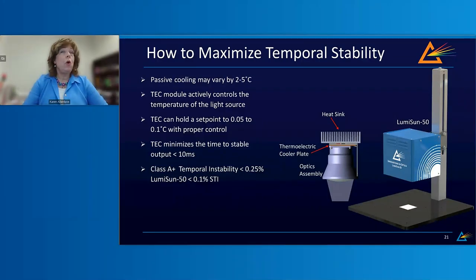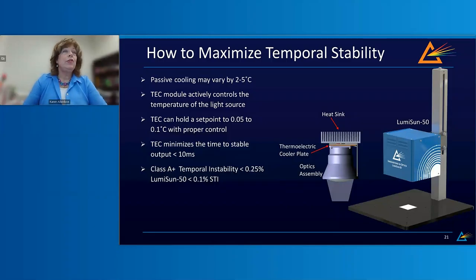So how do we control to maximize temporal stability? There are different methods: thermoelectric cooling, liquid cooling, free convection, forced convection. Passive cooling is not enough to ensure temporal stability. Multi-channel LED systems in particular benefit dramatically from TEC stabilization because spectral mixing will remain constant. So compared to lamp-based systems, the best LED systems often achieve Class A+, which means it's less than 0.25%, according to the specification.